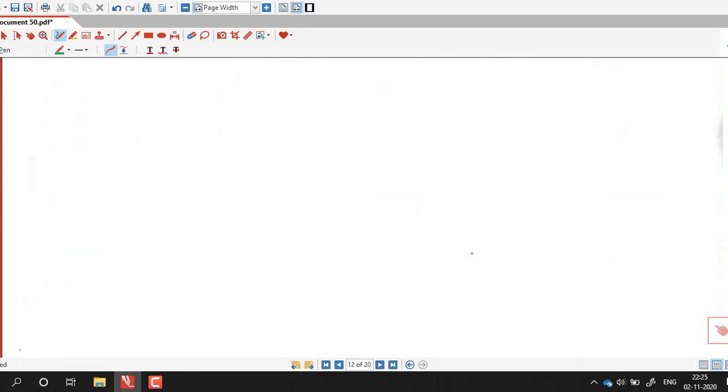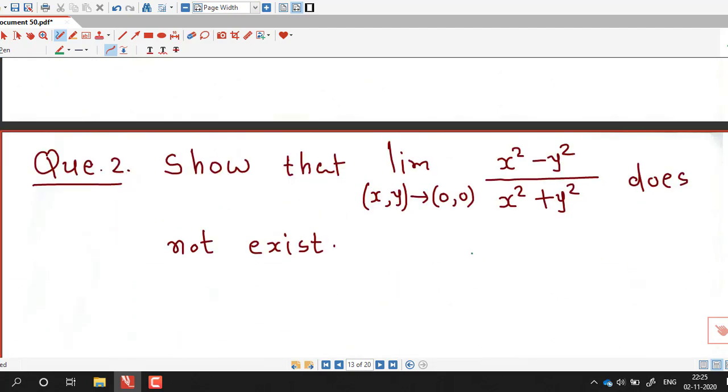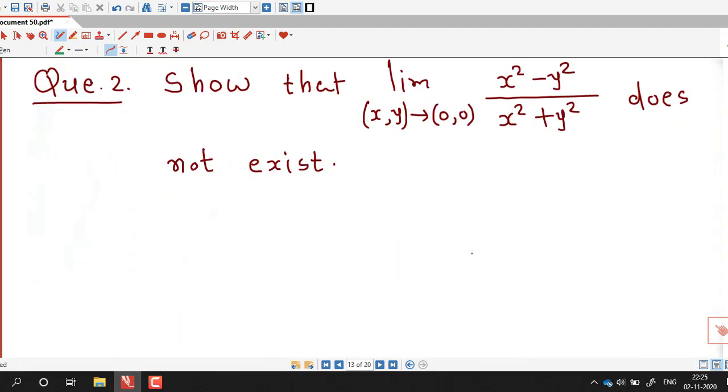So we consider one more example. Show that the limit of x square minus y square over x square plus y square does not exist as (x, y) approaches (0, 0).